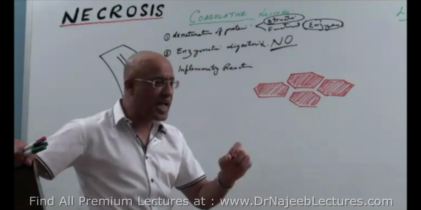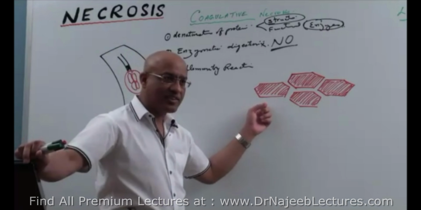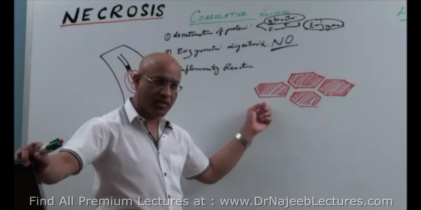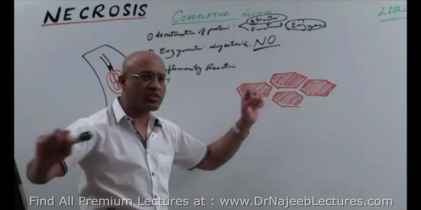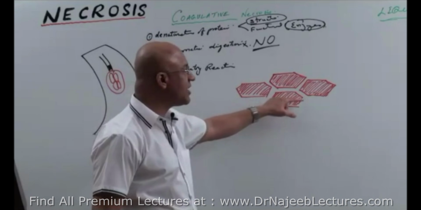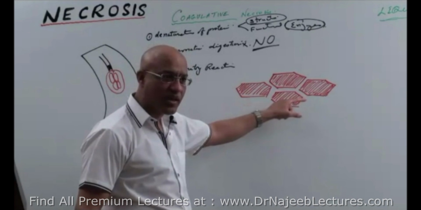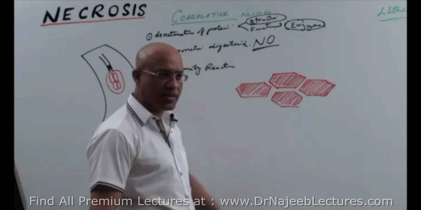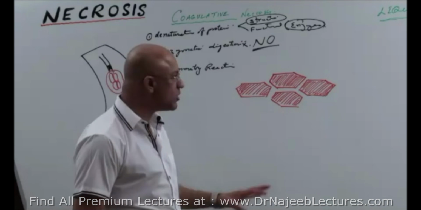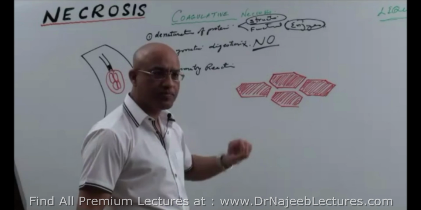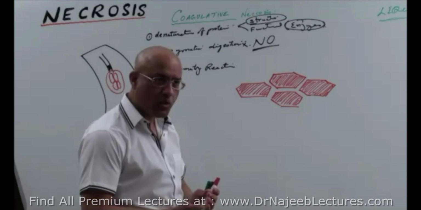Due to that reason, as there is no autolysis, cells become deeply eosinophilic, and over 1 or 2 days nuclei disappear, but cells still maintain their structural architecture and outlines. Is that right? But as time passes, when cell membranes eventually rupture, what happens?